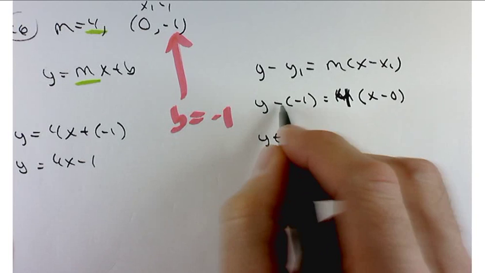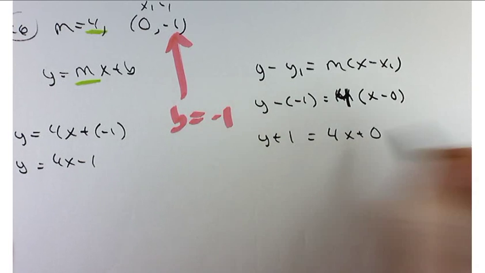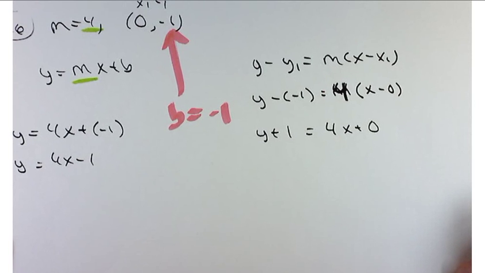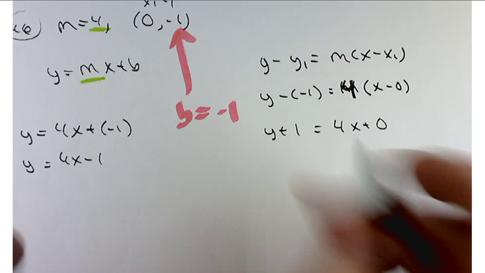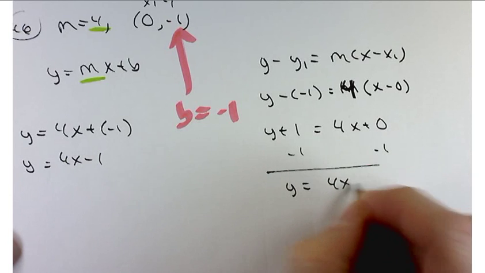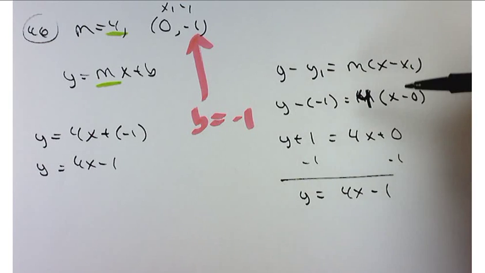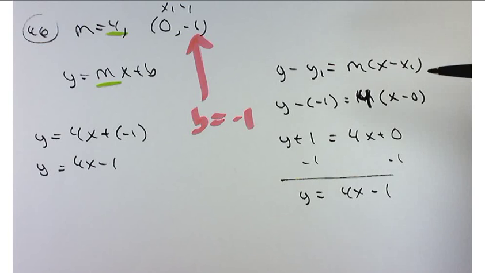Taking care of the double negative and distributing, I get y equals 4x plus 0. If I subtract 1 from both sides, I get y equals 4x minus 1. So it still works. This is a very general form of the equation of a line. You can get a lot of work done with it.